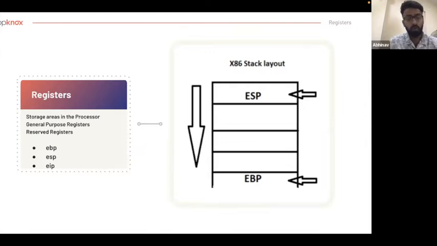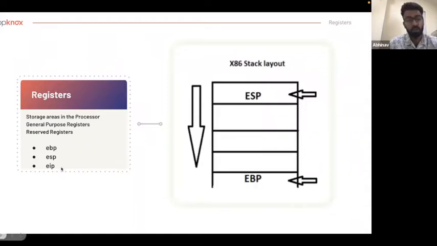But for now, all you have to know is that the base pointer points to the base of the stack. The second reserved register is the stack pointer, ESP. This, as the name suggests, represents the top of the stack. So you have EBP, which is at the bottom of the stack, and you have ESP, the stack pointer, which is at the top of the stack.